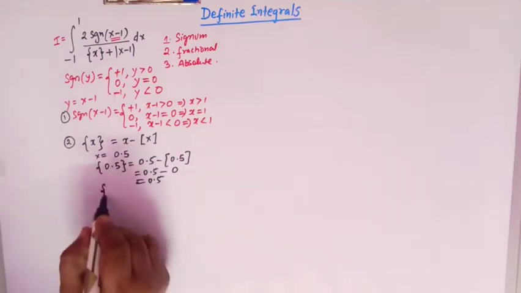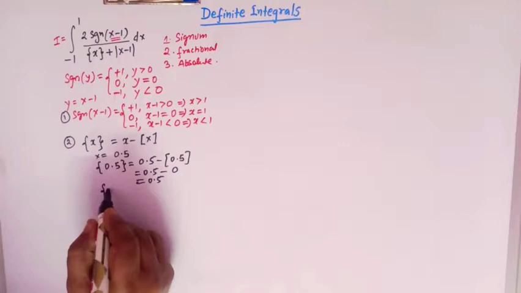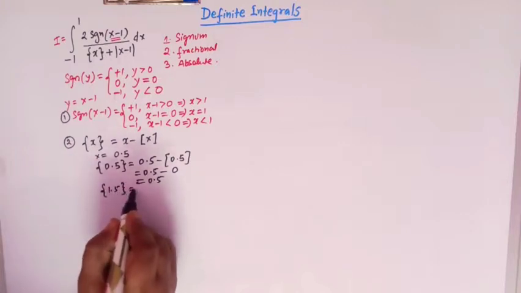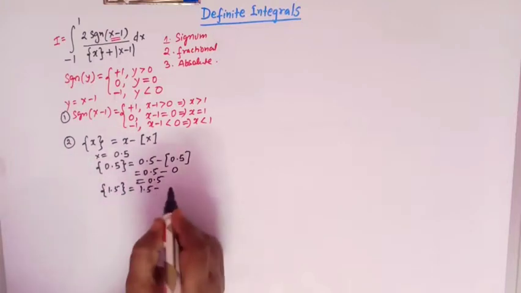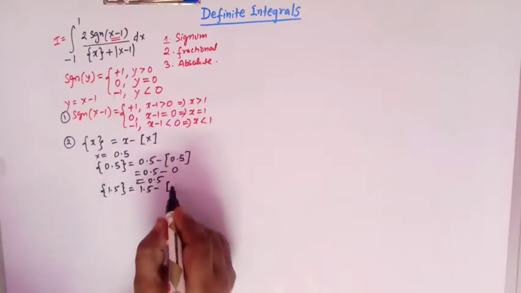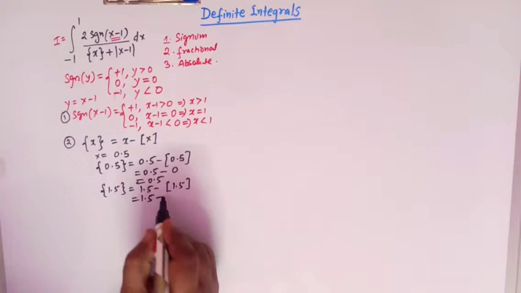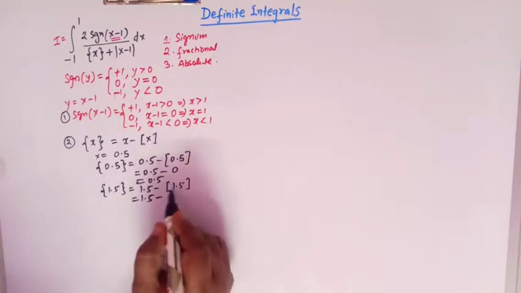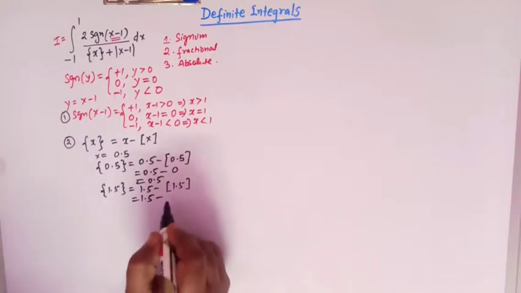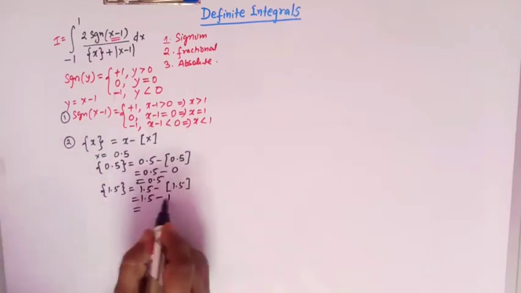Similarly, we can take 1.5, which is 1.5 minus the greatest integer of 1.5, that is 1.5 minus 1, so we have 0.5.